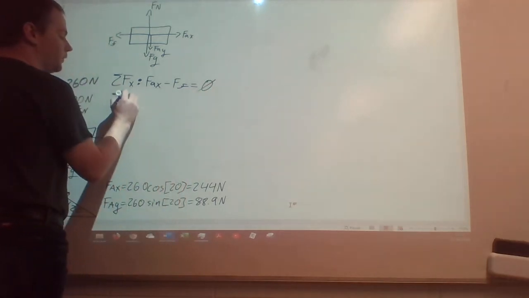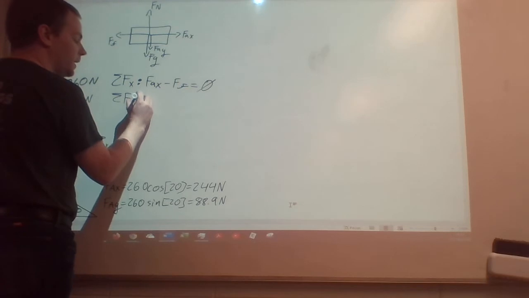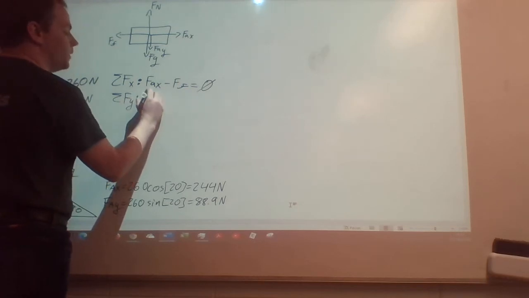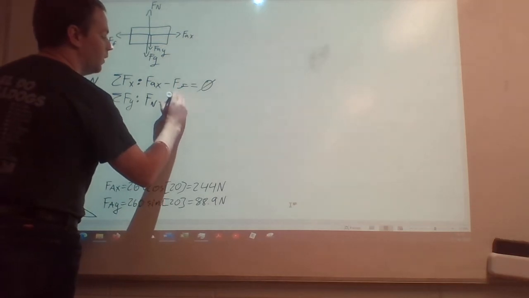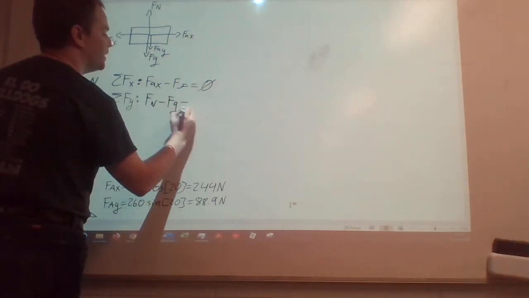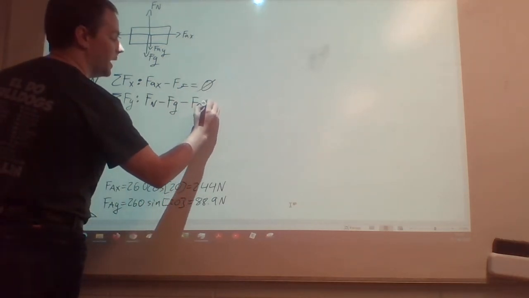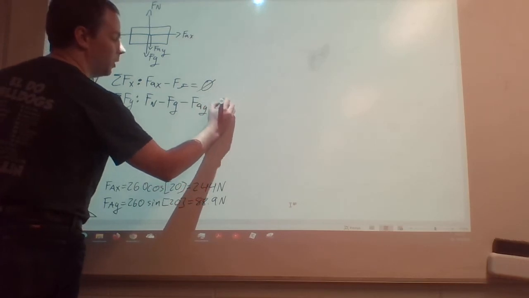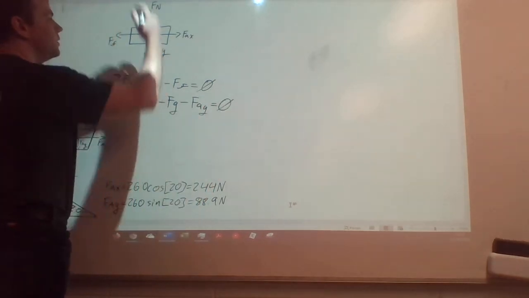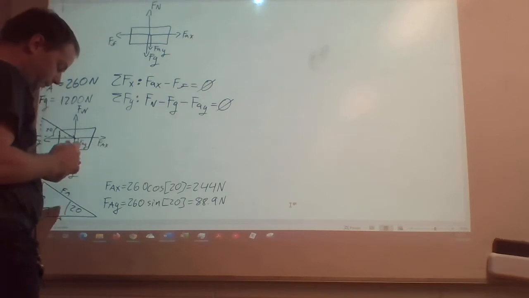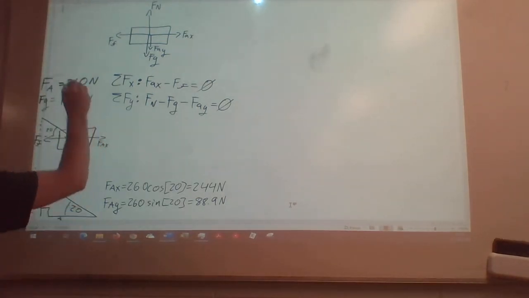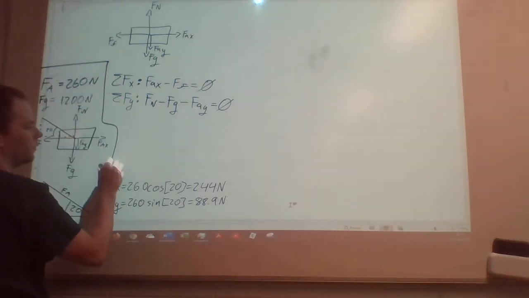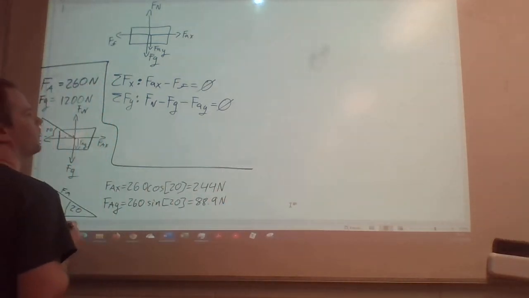And then we have our sum of forces in y, which would be the normal force, which is positive, minus the weight minus FAY. And this would also be equal to 0 because it is not moving up or down. Now, this gives us some useful information right off the bat.